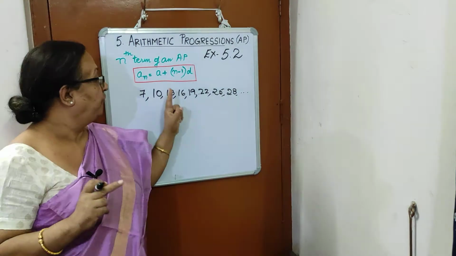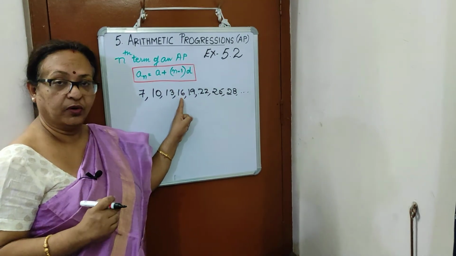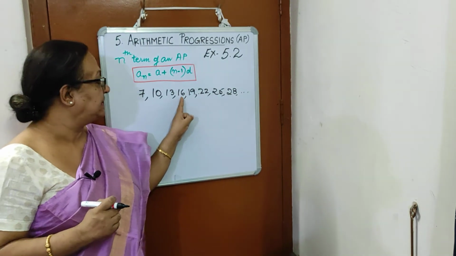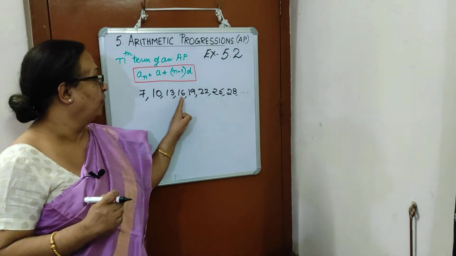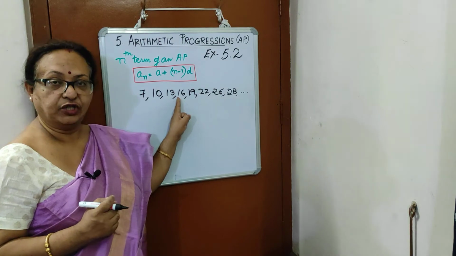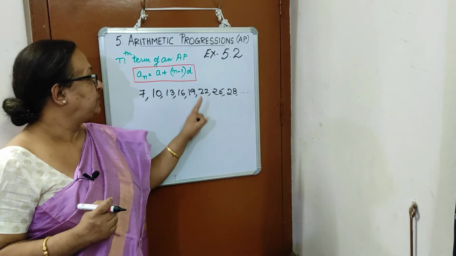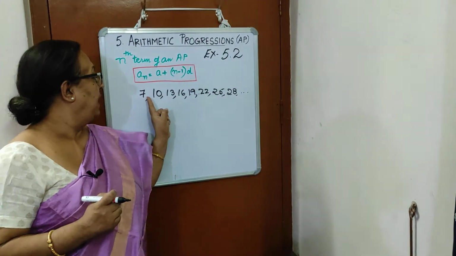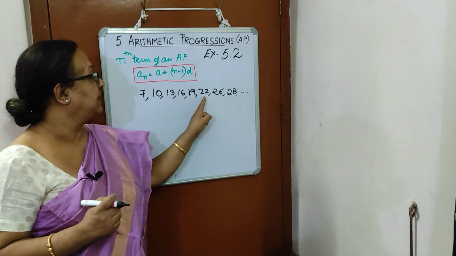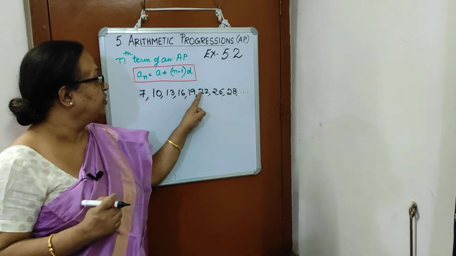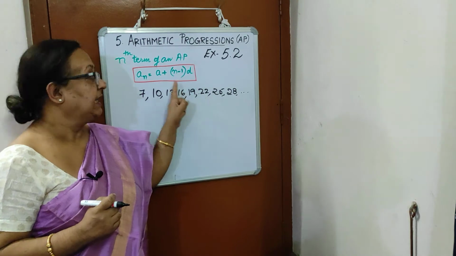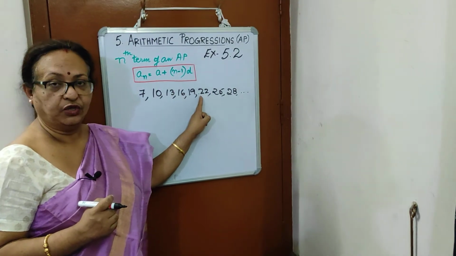So n is 4 and an is 16. Suppose I take 22: 1, 2, 3, 4, 5, 6. So for 22, n is 6, an is 22.